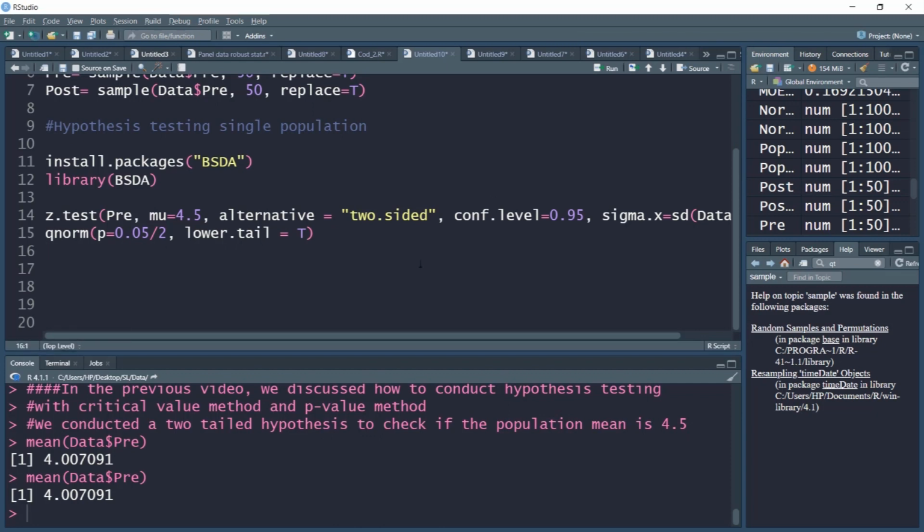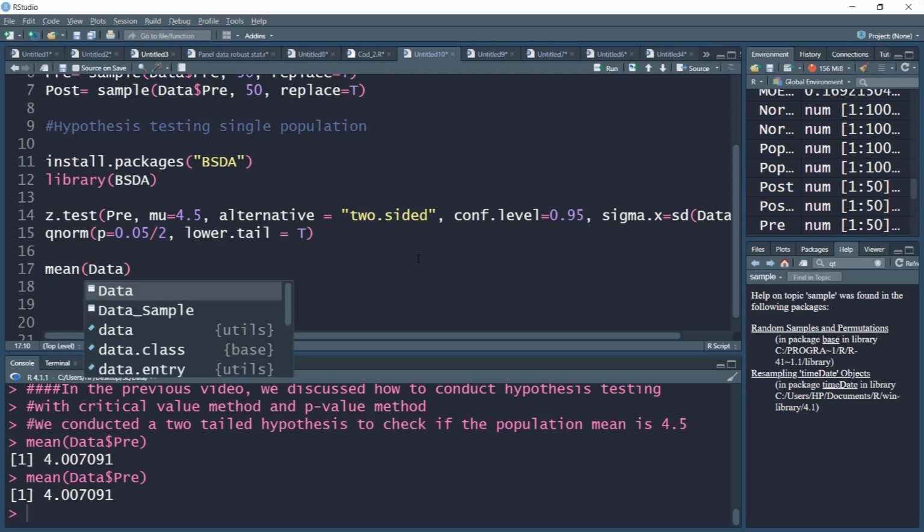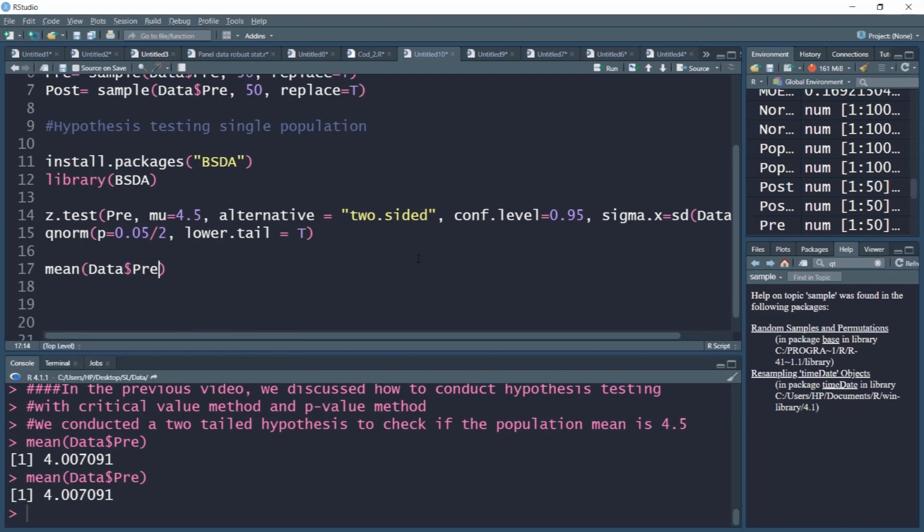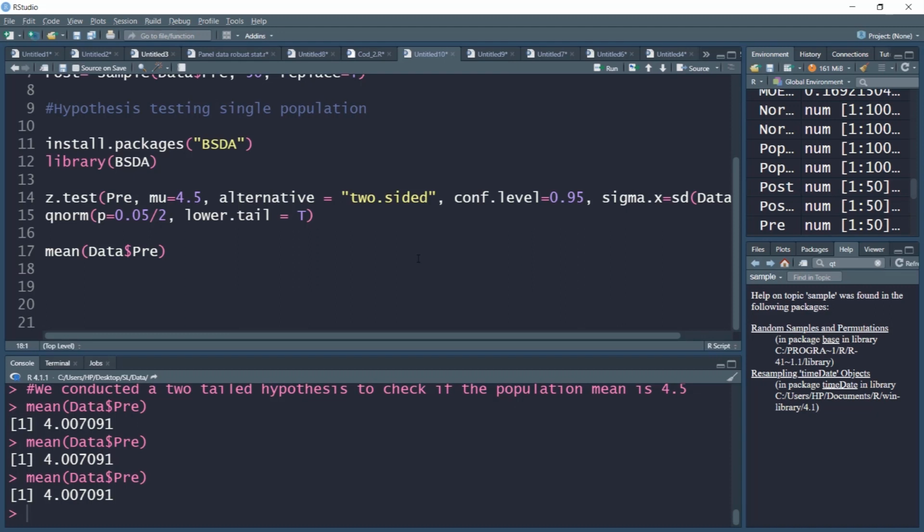In fact, we could have easily verified our results by running this mean command on our original pre-variable, data$pre, to see that the mean is 4.00, which indicates that our inference from the hypothesis testing that mean is not equal to 4.5 was indeed correct.